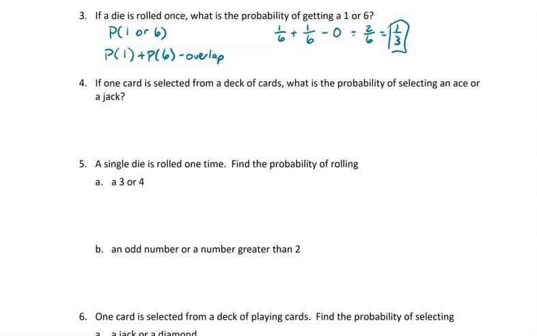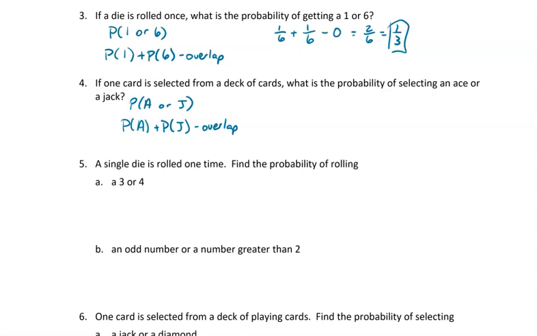Alright, if one card is selected from a deck of cards, what is the probability of selecting an ace or a jack? So probability of ace or jack. It's going to be the probability of getting an ace plus the probability of getting a jack minus any overlap if there is one.